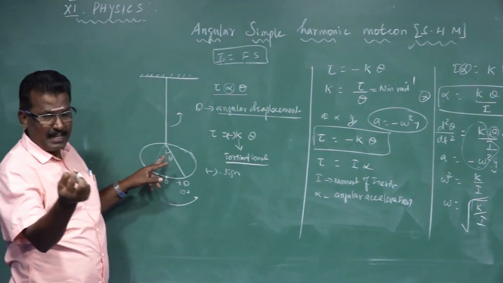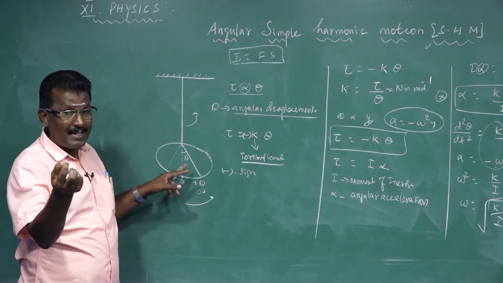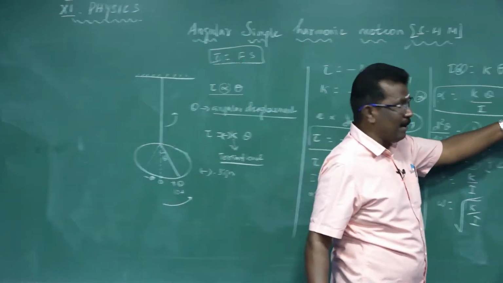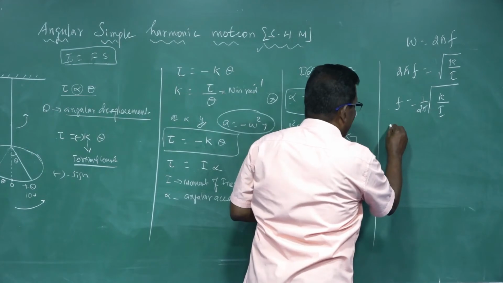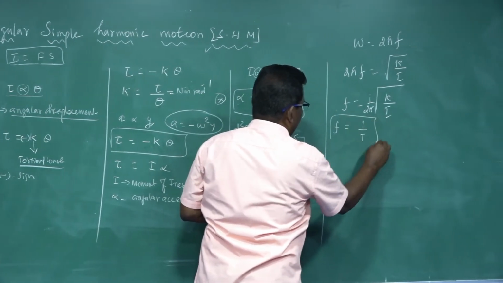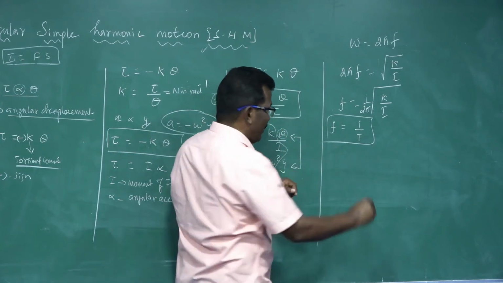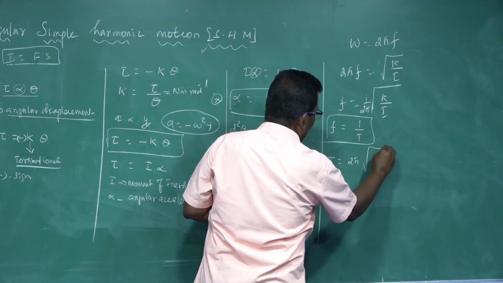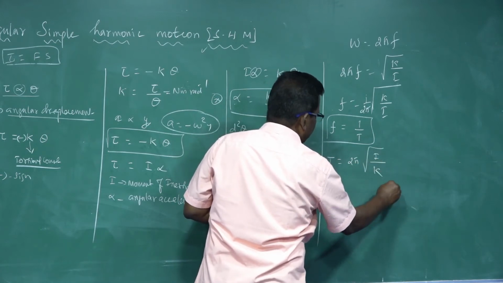Frequency is inversely proportional to time period, so time period T is equal to 2 pi root of I by k.